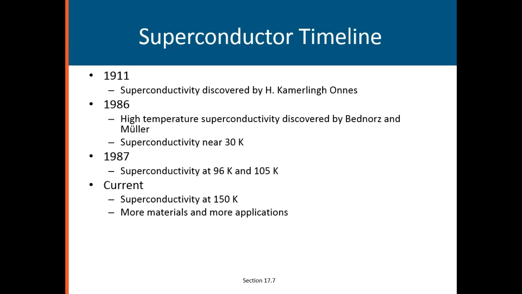I don't know what Bednorz is. Superconductor near 30K. That first one was down here at near 4. This is way warmer, though still really cold. 30K. In 1987, that didn't last too long. It went up to 96K and 105K. Fantastic.